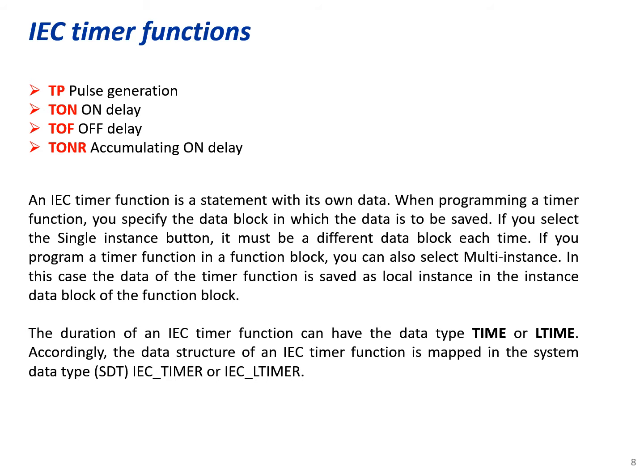Accordingly, the data structure of an IEC timer function is mapped in the system data type IEC_TIMER or IEC_LTIMER. So if I want to put that in simple words, every time that you create a timer in the data block, you will have one instance of the timer, because that timer needs memory, it has a preset time and other information that should be saved inside the memory.